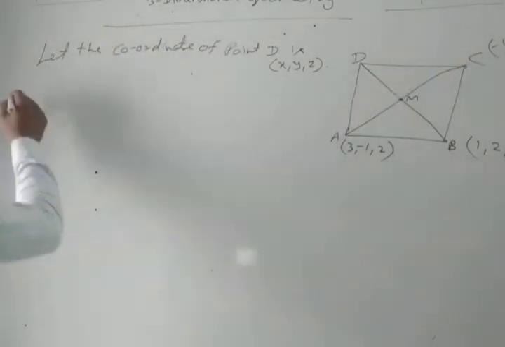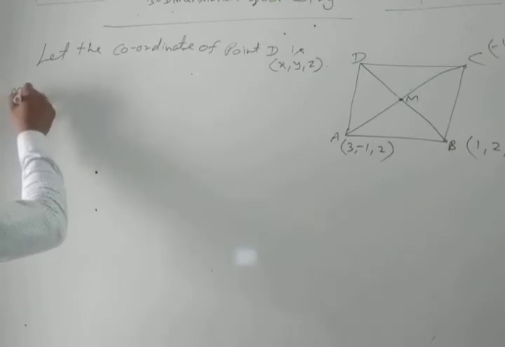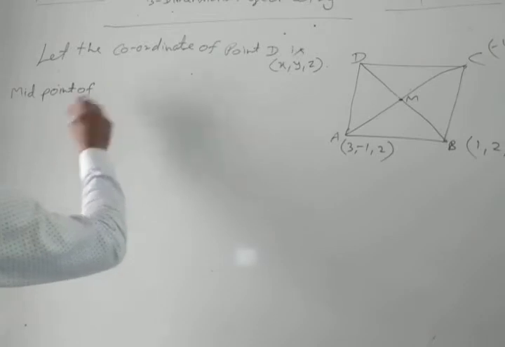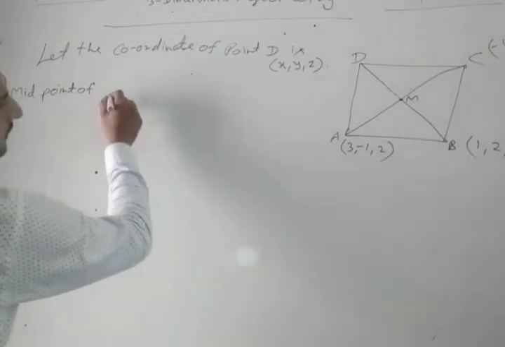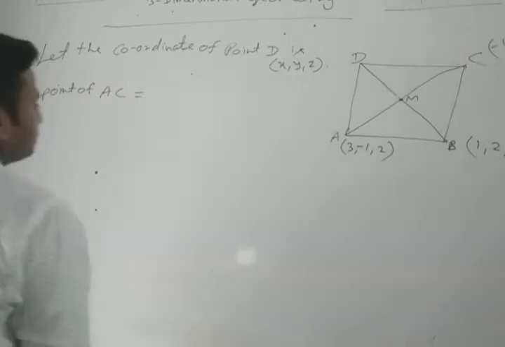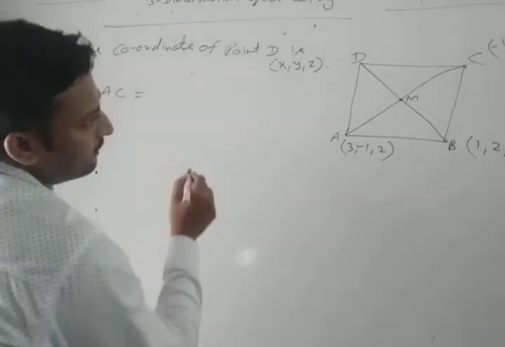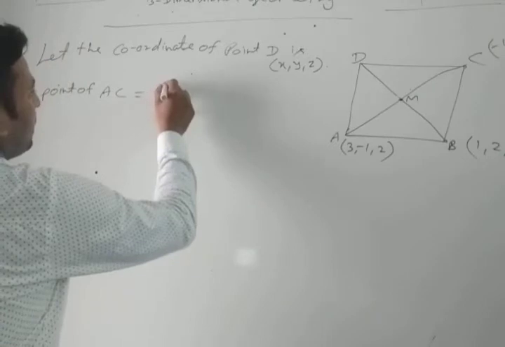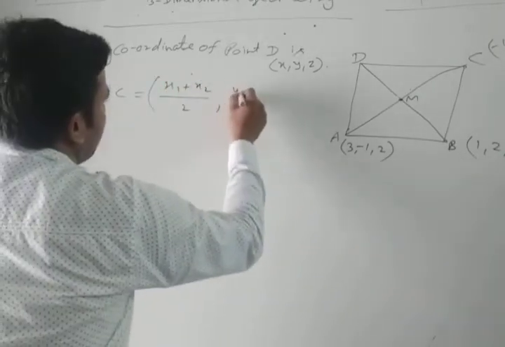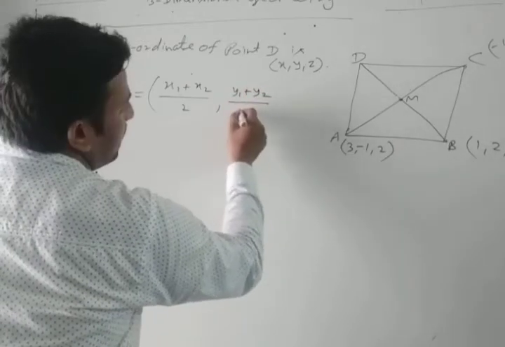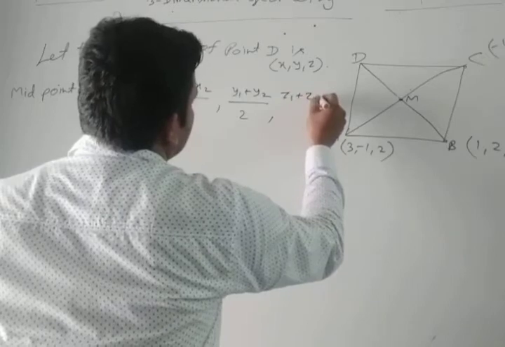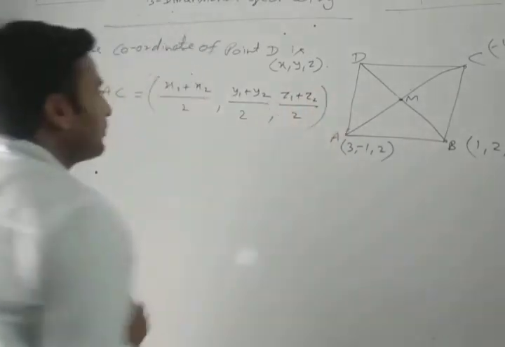The midpoint of AC is (x1 plus x2 upon 2, y1 plus y2 upon 2, z1 plus z2 upon 2).